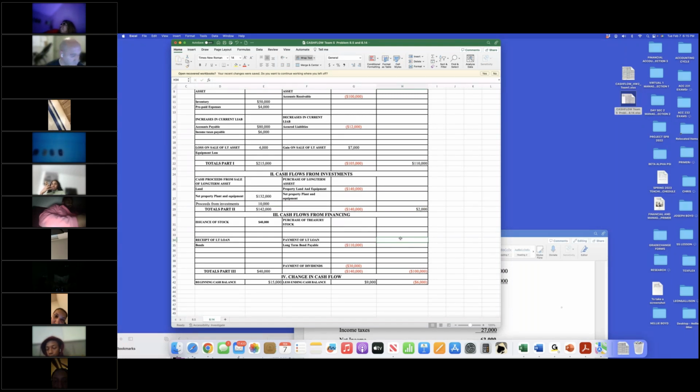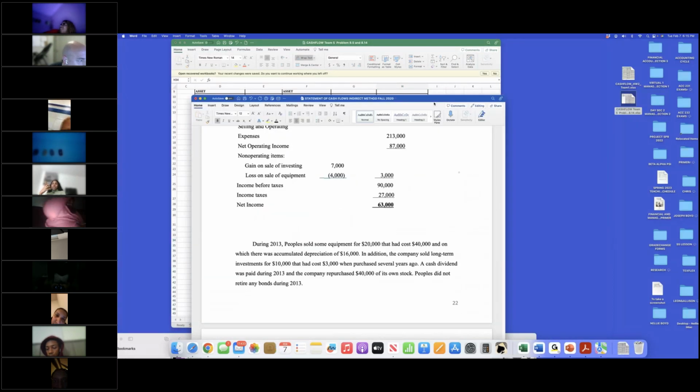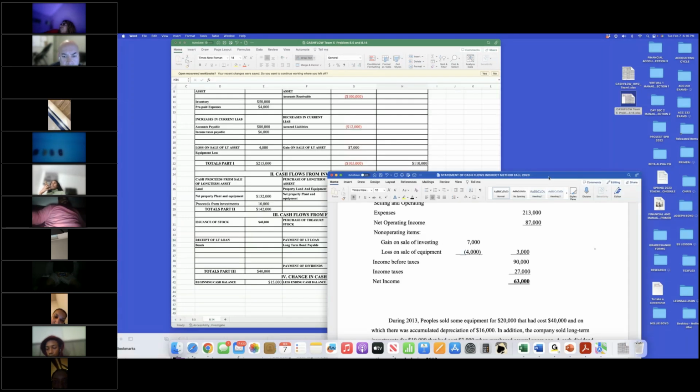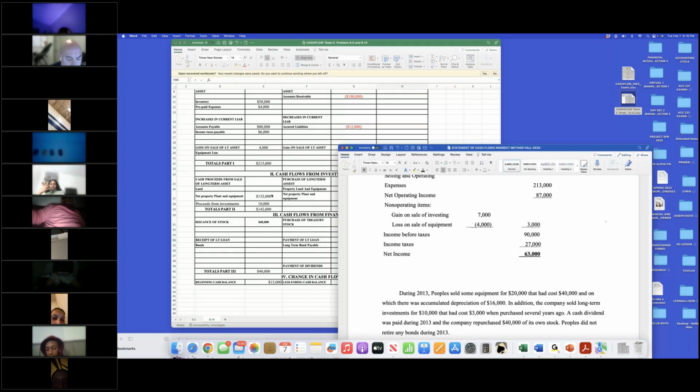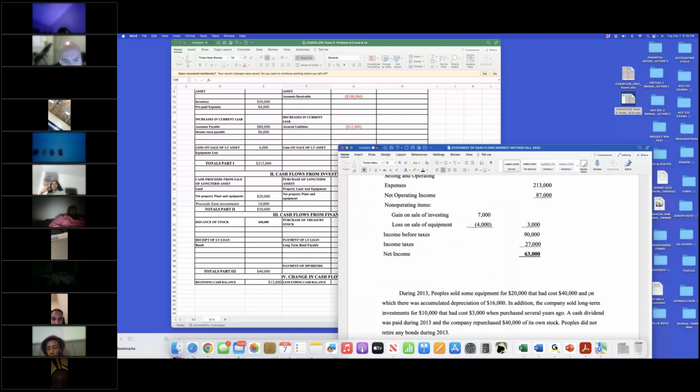Now, let's go back to the problem on this depreciable equipment. They sold some equipment for 20,000. So they tell you they sold it for 20,000, so this number needs to be $20,000, because they told you they sold it for 20, had a cost of 40, with accumulated depreciation of 16, and that's all fine and good.